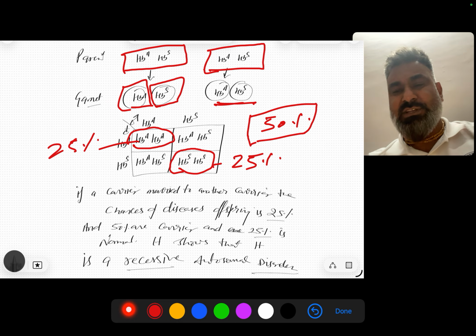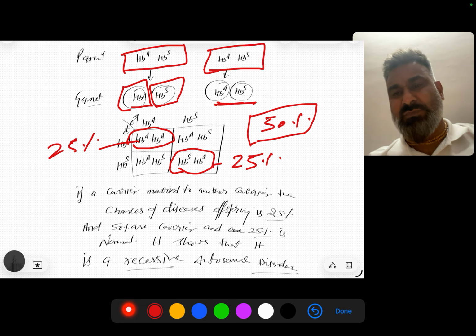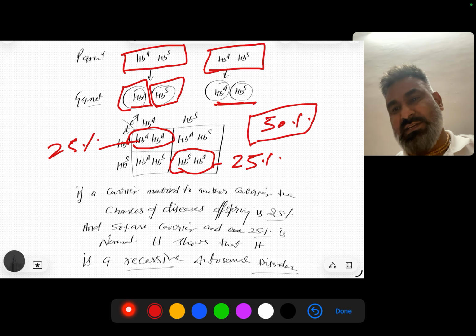The most important thing asked in board examination questions is: what is sickle cell anemia? It is a point mutation, an autosomal recessive disorder, with replacement of glutamic acid by valine at the 6th position, which changes the shape of RBCs into sickle cell or half lunar shape.